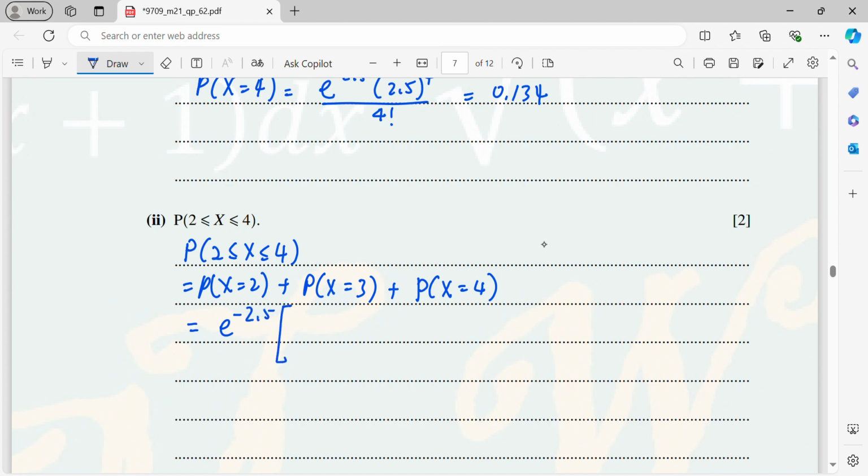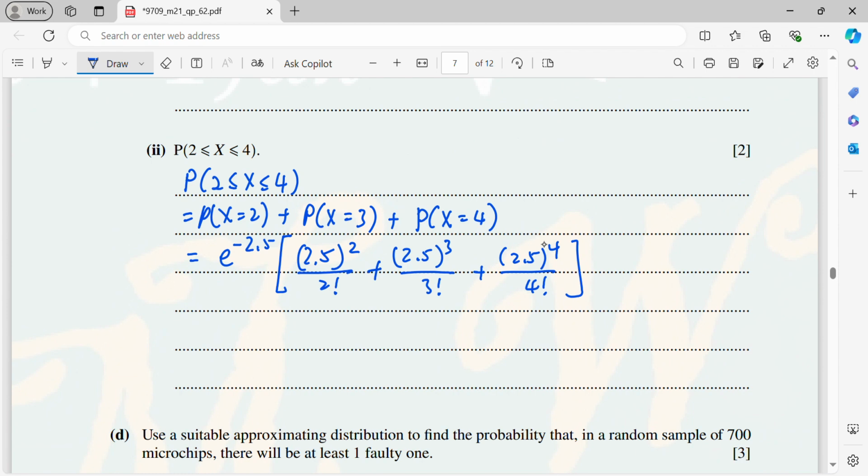Then x equals 2 gives 2.5 squared over 2 factorial, plus 2.5 cubed over 3 factorial, plus 2.5 to the power 4 over 4 factorial. From here, you will be getting 0.604. So that is the solution for part 2.